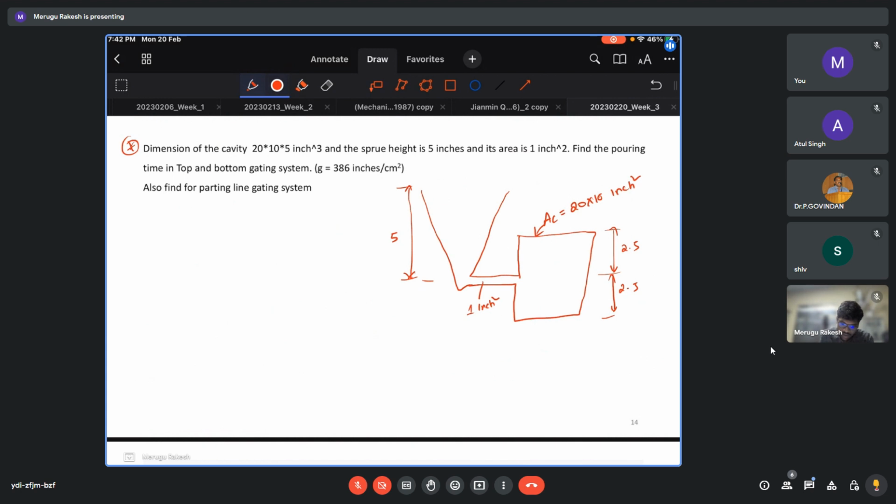Okay, I think I gave everything. For this type of question, it is exact. So till here we calculate as so. So T pouring in parting is equal to T pouring in top plus T pouring in bottom.